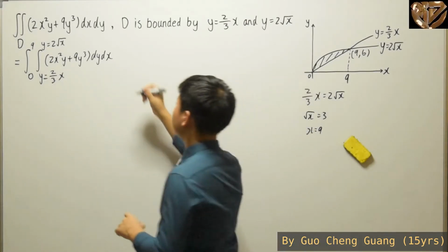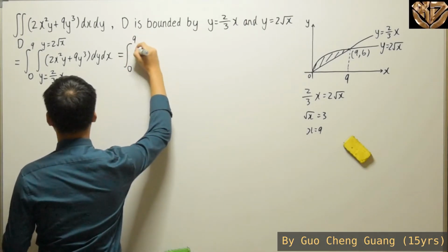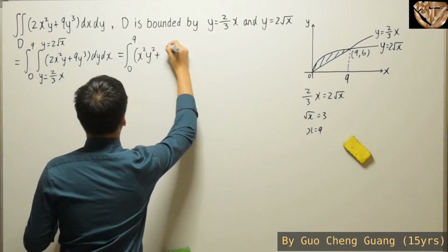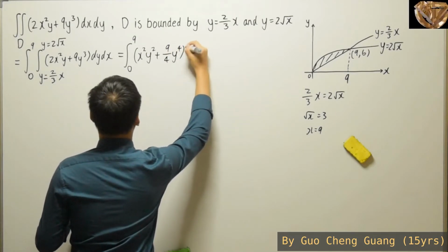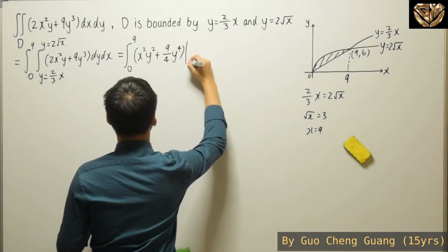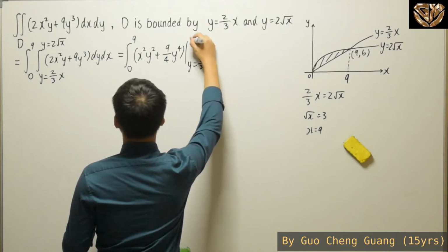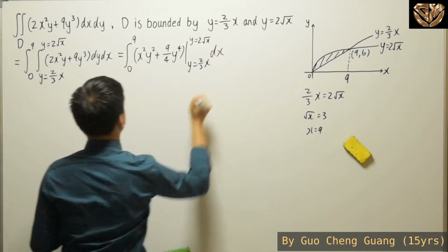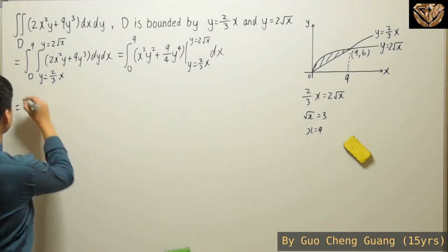Now, of course, we will just integrate it. So integrate from 0 to 9, x squared y squared plus 9 over 4 y to the power of 4, substituting the values y is equal to 2 over 3x and y is equal to 2 square root x, then dx.